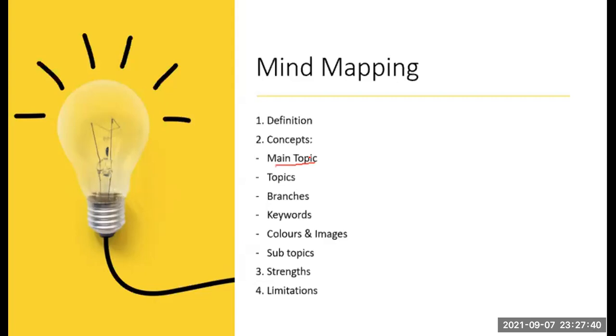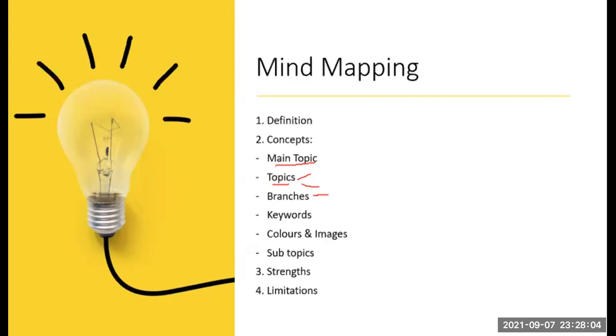Then you have topics that are generated, branching out of the main topic. You can have subtopics for these topics as well. Branches are nothing but the connections or linkage between a topic and a subtopic.